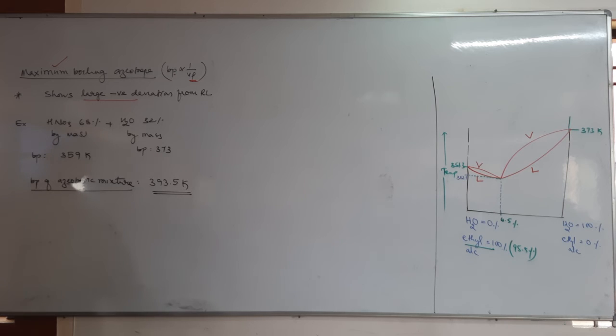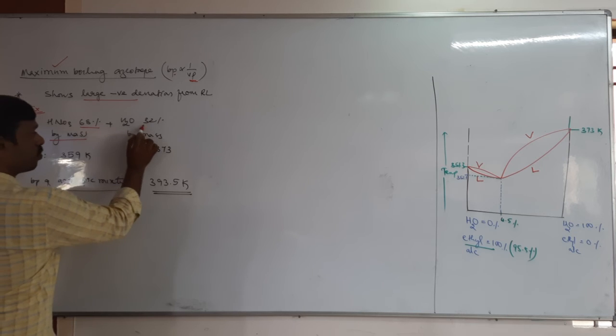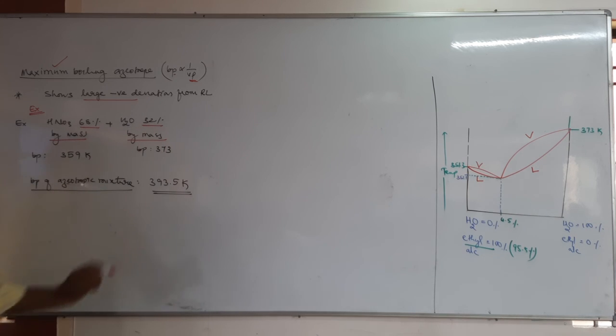For example, you can take any example which we have written for negative deviation. But here one example, particular composition, HNO3 plus water. HNO3 is 68% by mass, not volume, by mass, and the remaining 32% water by mass can act as a maximum boiling azeotrope.